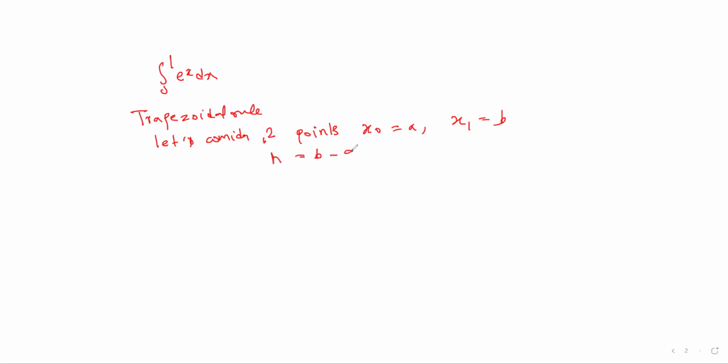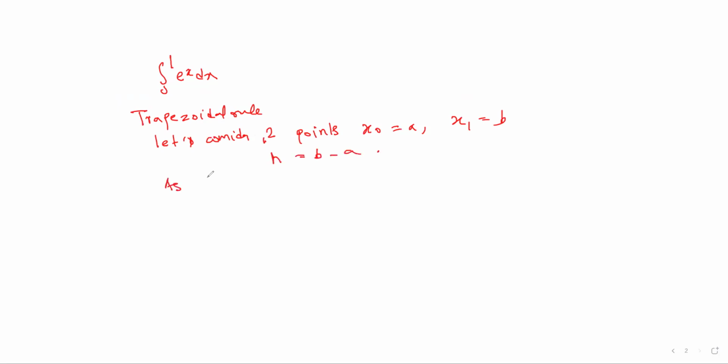Now, if you go back to the general quadratic formula, or in short, to the trapezoidal rule, if you need to derive the trapezoidal rule from this formula, let's consider 2 points first. One is your x naught, let this be equal to a, and another point x1, let this be equal to b. And we know the step size is basically b minus a.